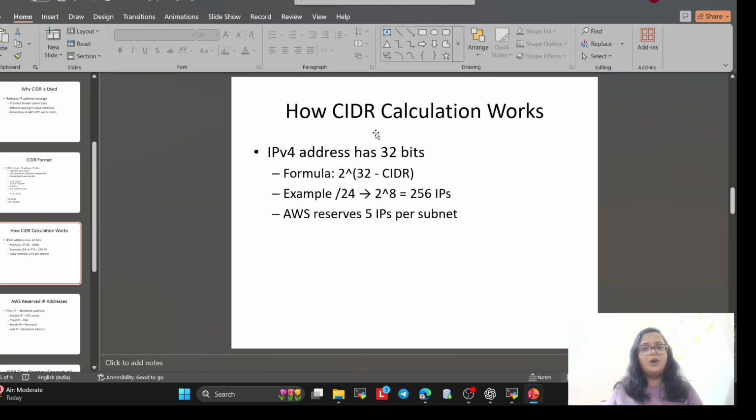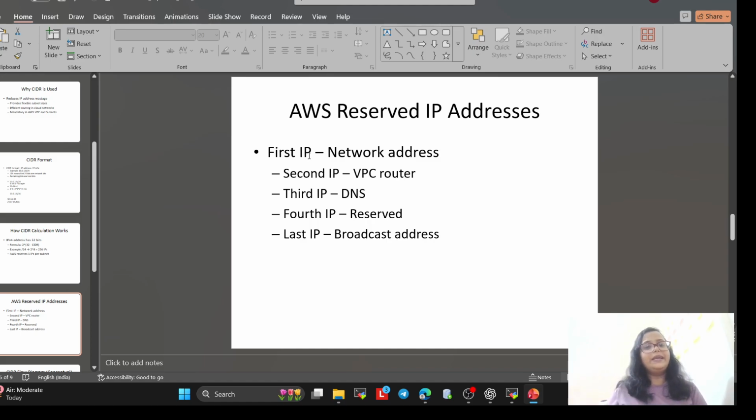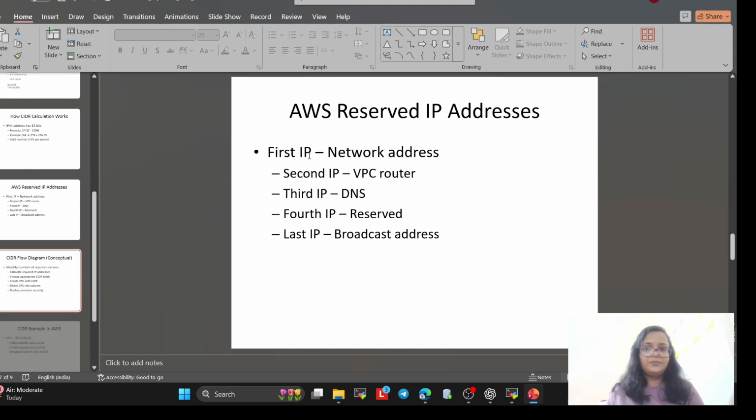So this is how CIDR calculation works. Now AWS reserved IP addresses: the first IP is the network address, the second is the VPC router, the third is for DNS, the fourth is reserved, and the last IP is the broadcast address.